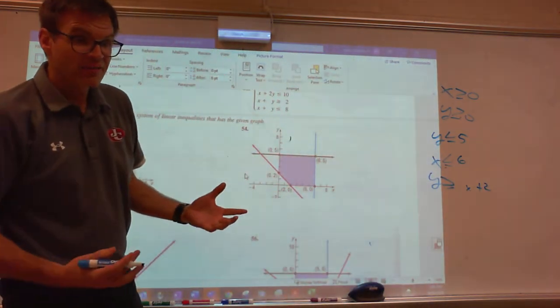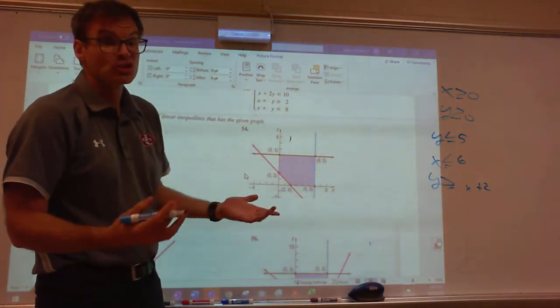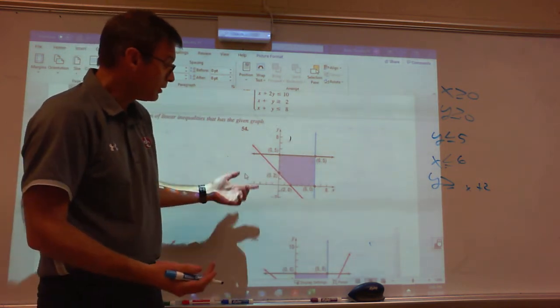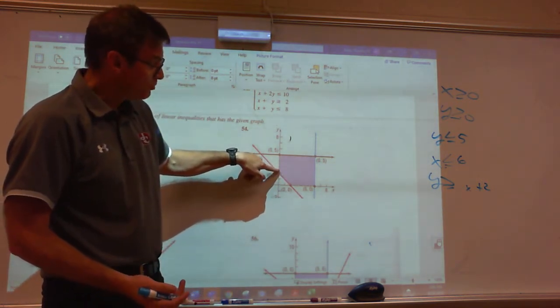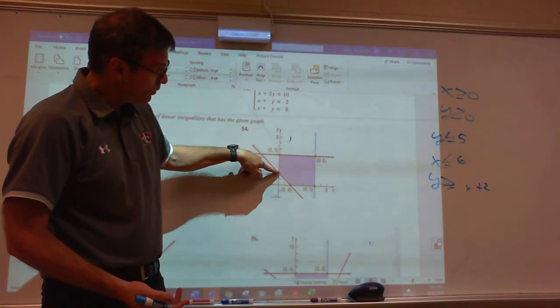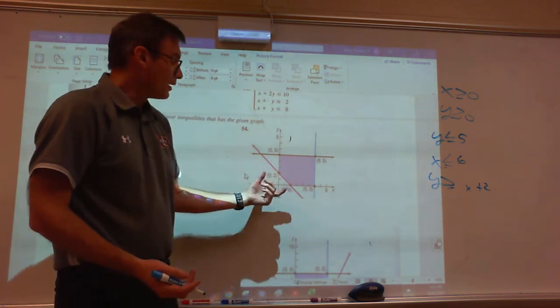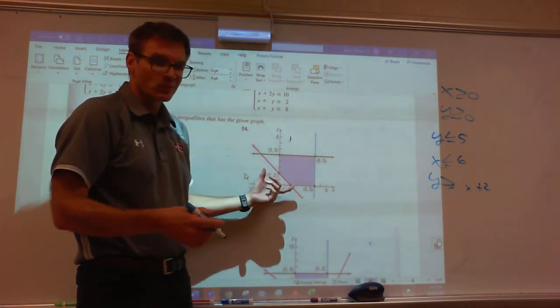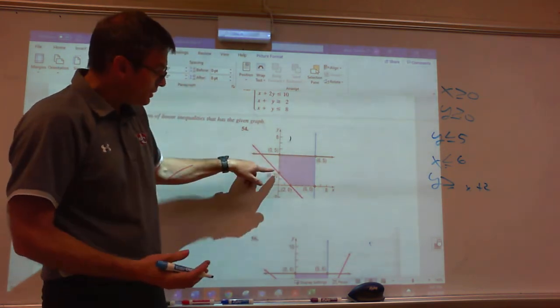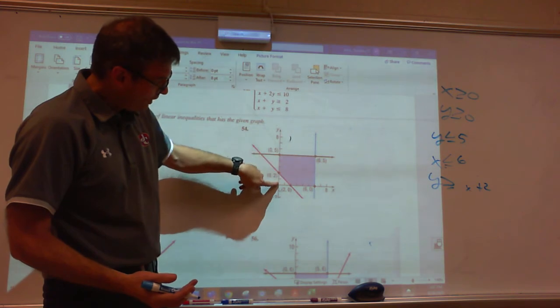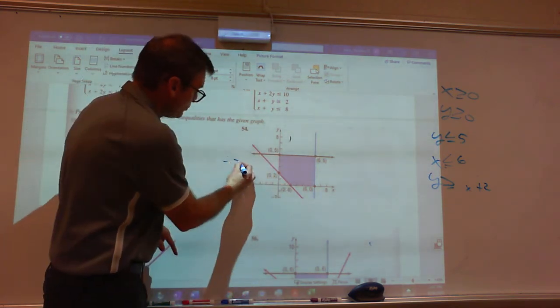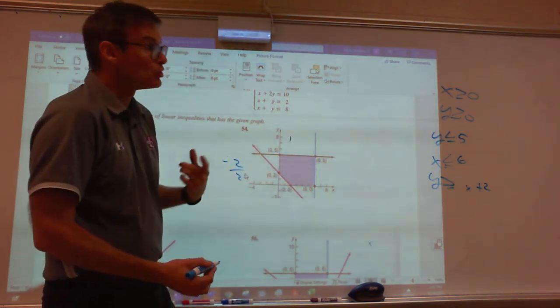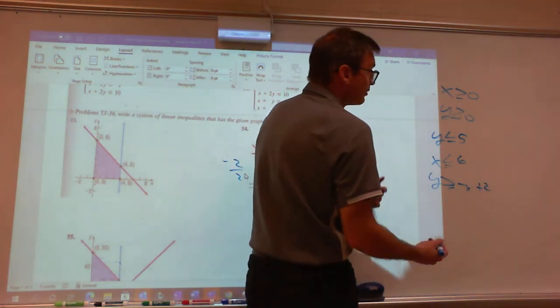And the last thing I've got to determine is the slope. Well, how do you find slope? Well, slope is basically directions from this point to this point, and this is going down 2 over 2. I guess technically you could do the y2 minus y1 over x2 minus x1, but honestly all slope is, it's a direction, so I want to go how far down and how far over. So if I go down 2 over 2, that reduces to 1, or negative 1.